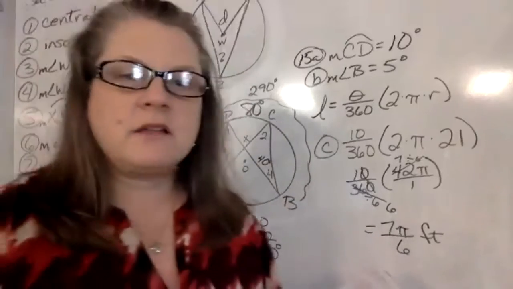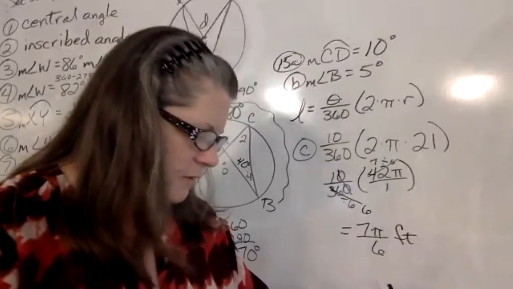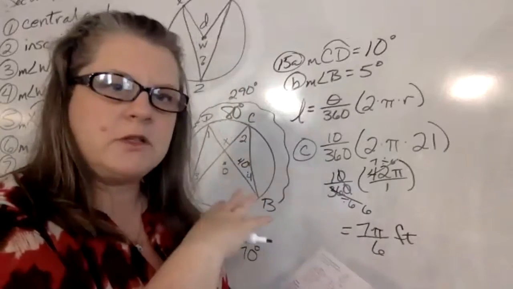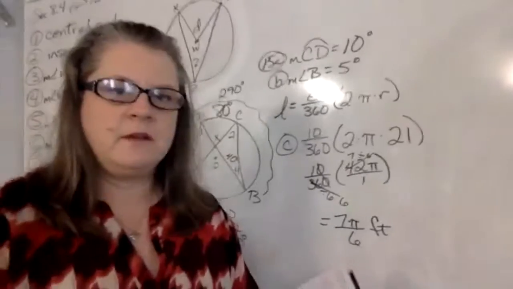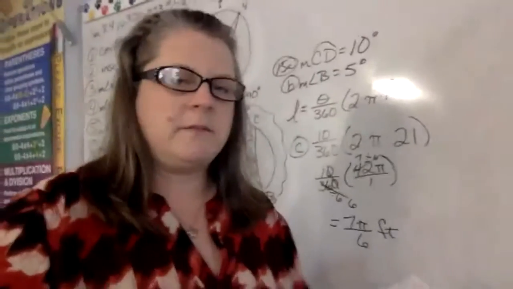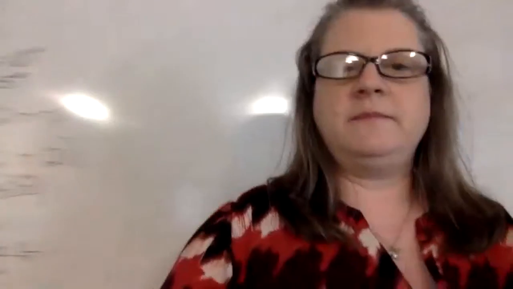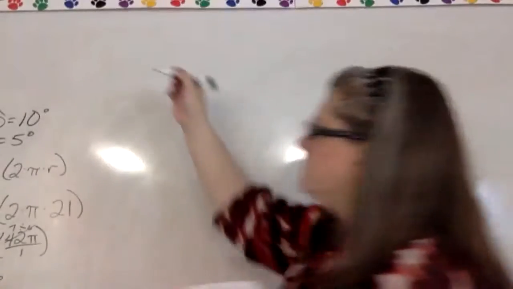So what I would actually like to do is do the even problems first, because these are problems where we're still doing the measures. And then we'll go back and do the proof at the end and be done. Okay, so we're skipping to number 18 right now. So everybody's on page 373, number 18. That's where we're at.